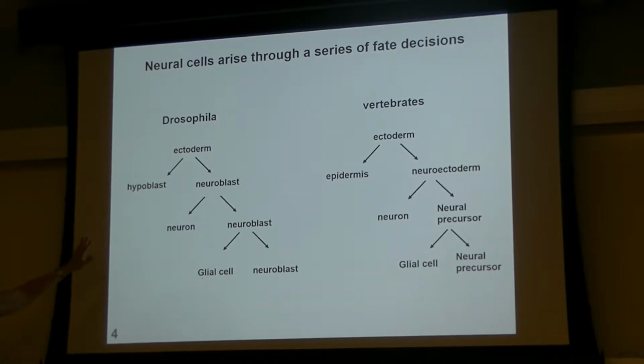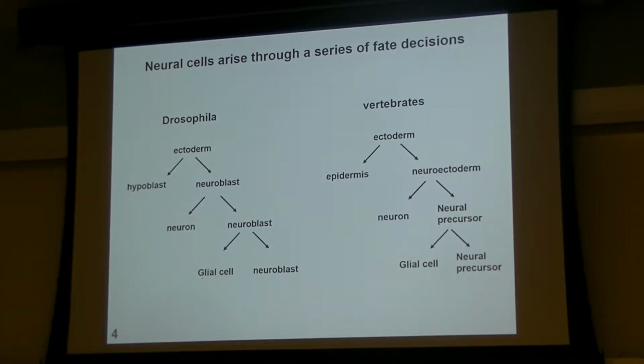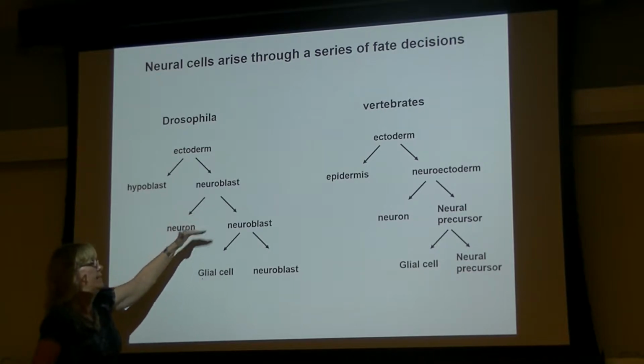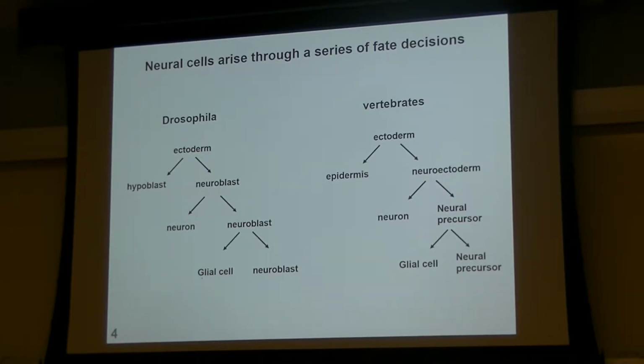So the cell could either become hypoblast, or it could become neuroblast. And this phrase blast is often used in words that are associated with a precursor cell. So these are precursor cells that are going to give rise to neurons. And you see additional divisions where they either give rise to a daughter that takes on that cell fate, or give rise to just another neuroblast that would divide again and act more as a stem cell for this population.